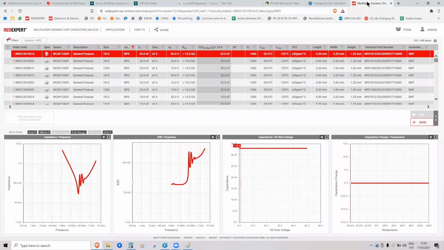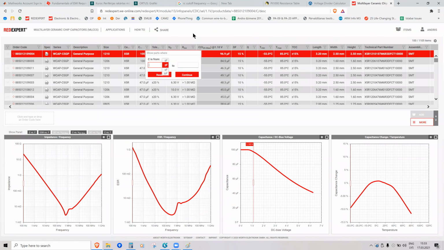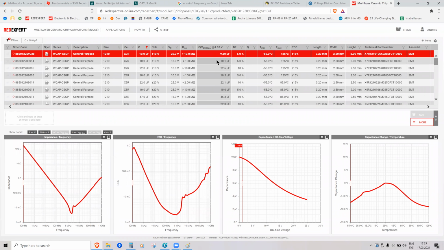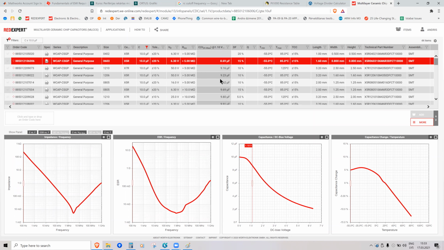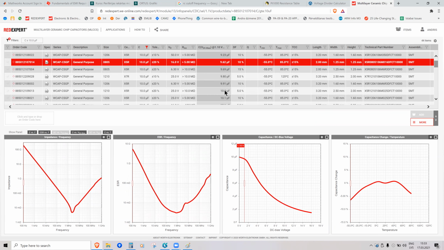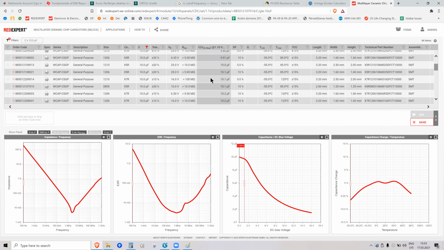So I would choose, in this case, a capacitance of at least 10 microfarad. And then I order it by the capacity. I would just want to select a capacitor which has the smallest size that fits my application.